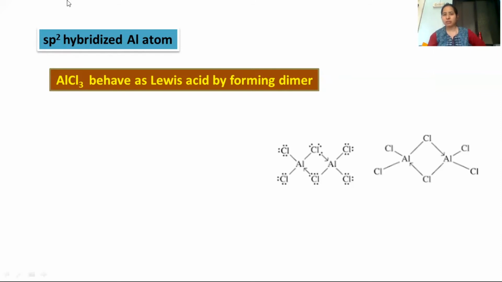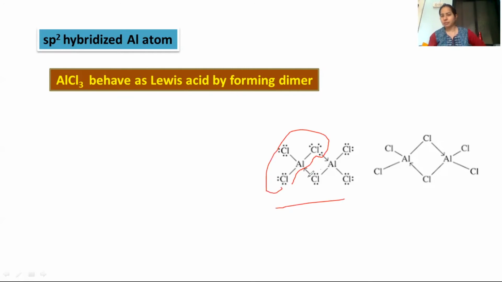If you remember, when we studied the similarity between beryllium and aluminium, at that time I told you that aluminium forms a bridge-like structure. You can see over here aluminium. This is one molecule of AlCl3 and this is another one.